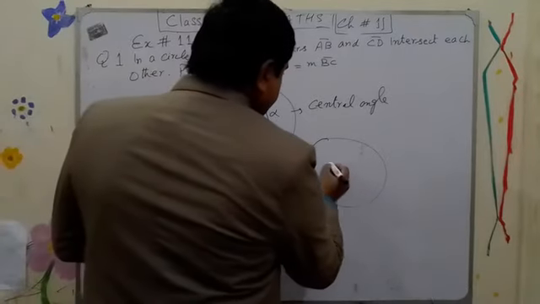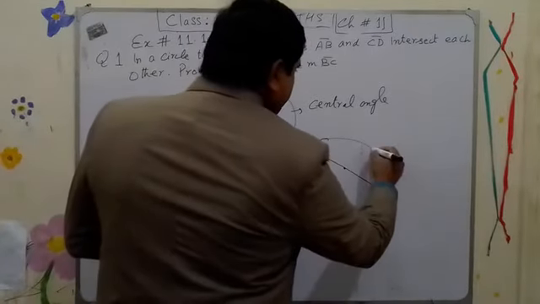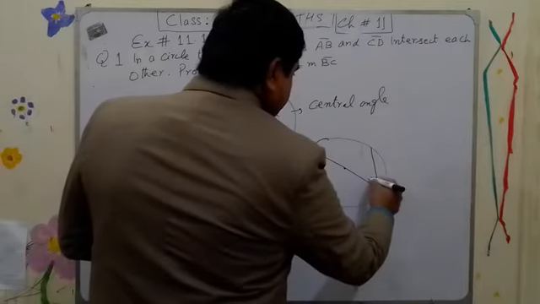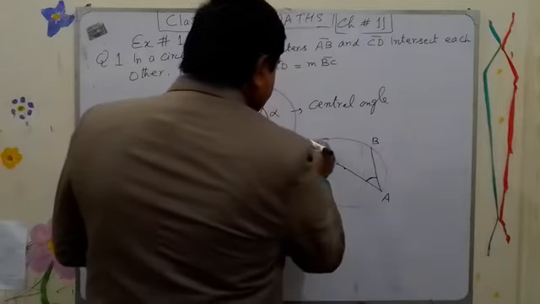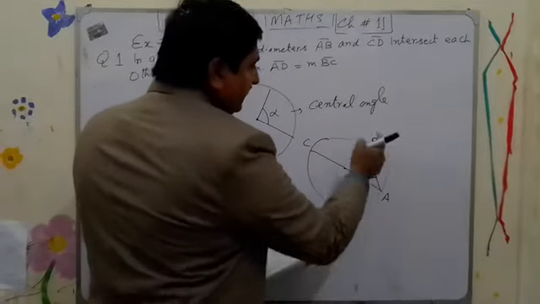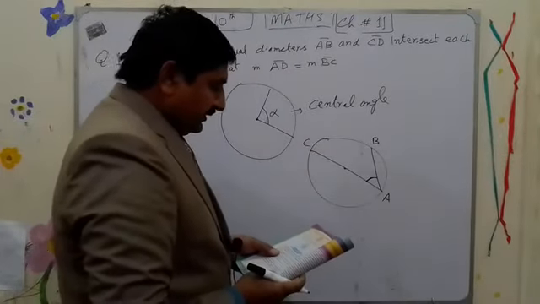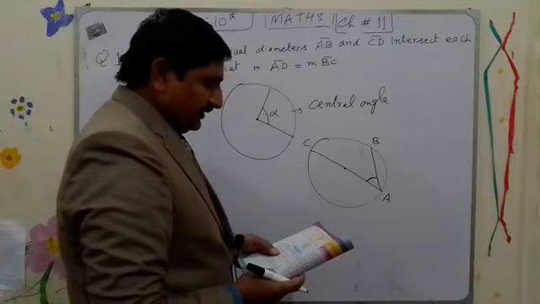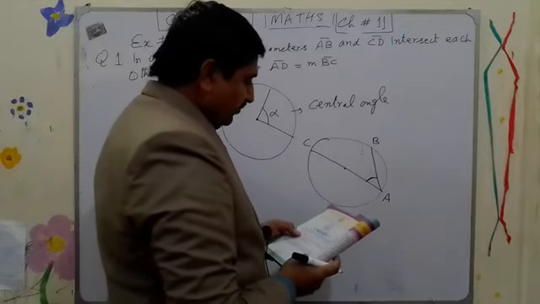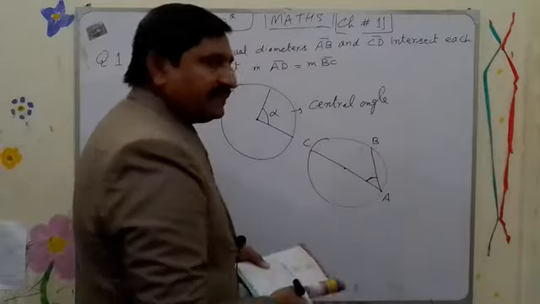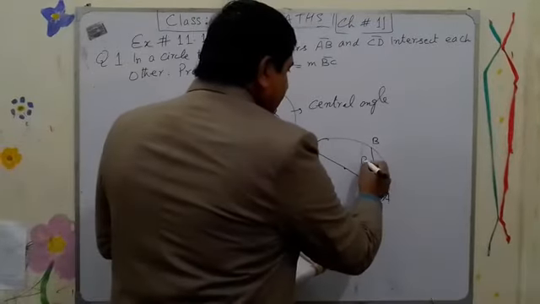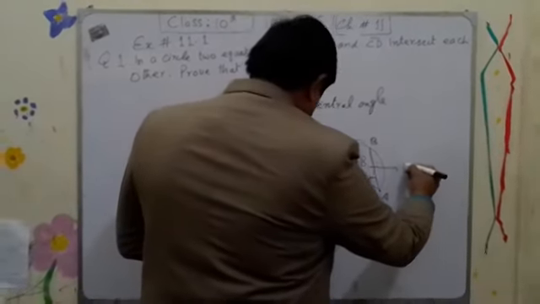Let's suppose that the diameter is also one chord and there is another chord. So this is angle A, B, and C. AC is a chord and AB is also a chord. So the angle subtended between any two chords of a circle having a common point on its circumference. So this is a common point on the circumference of a circle, right? So this angle is known as a circumangle.